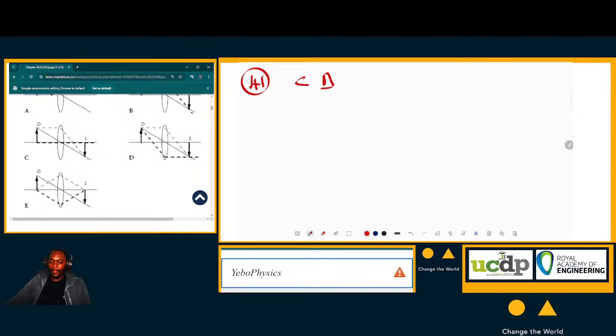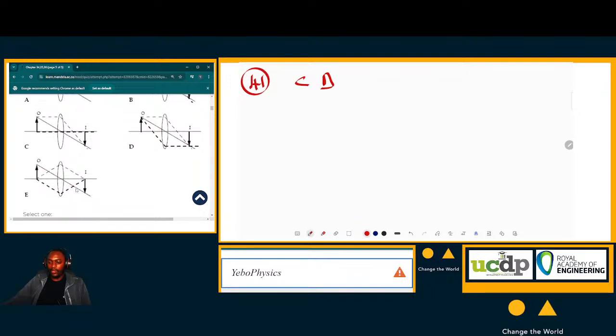Then C, we've got a ray that passes through the optical center, and rays that pass from the bottom of the object to the apex of the image. It's converged, and we have the same ray following a similar path. So all these are correct: C, D, and E.